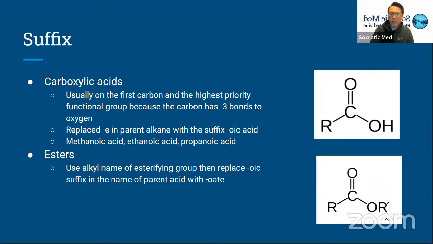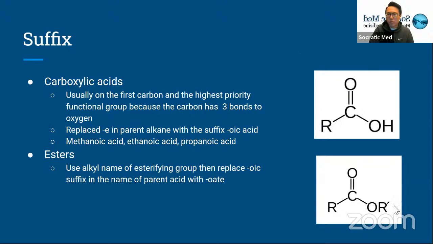So let's say methanol attacking this carboxylic acid to create this ester, you would call it methyl, and then whatever acid it is, methyl propanoate, if it was propanoic acid attacked by a methanol.